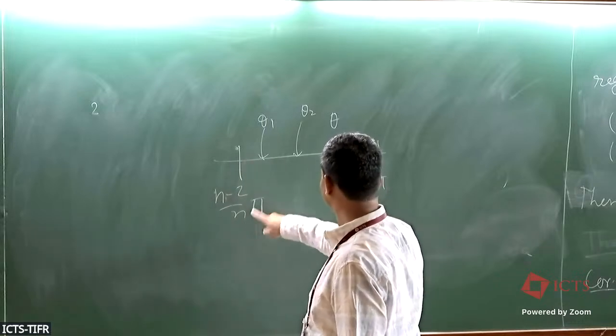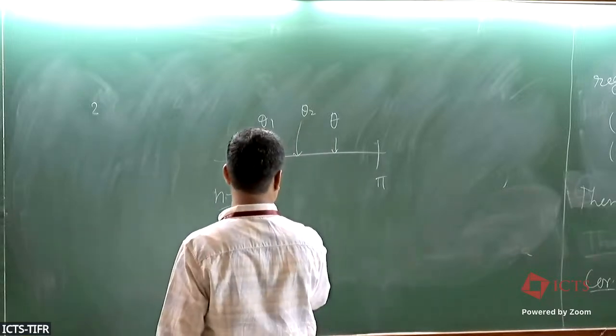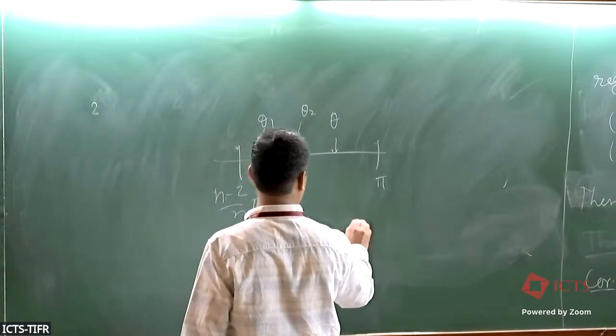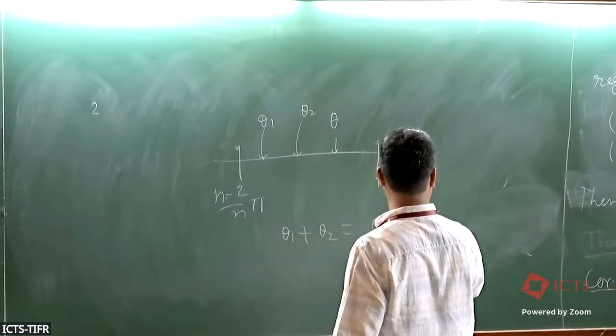Also theta 1 plus theta 2 equals theta plus n minus 2 over n times pi.